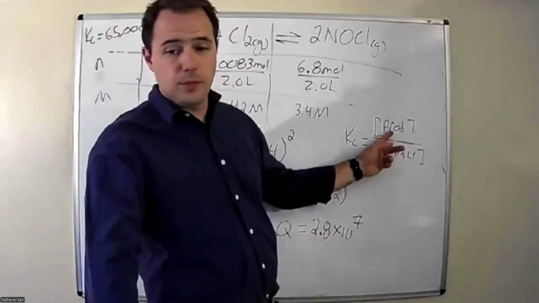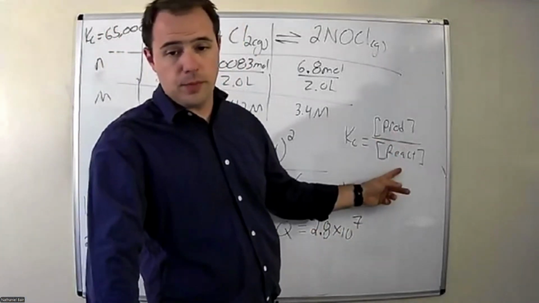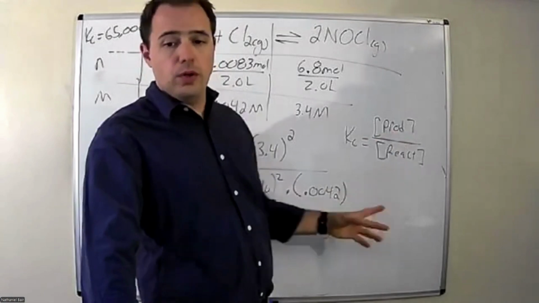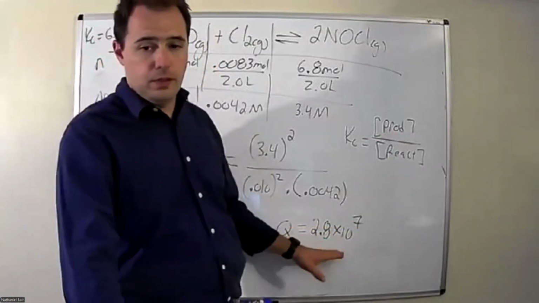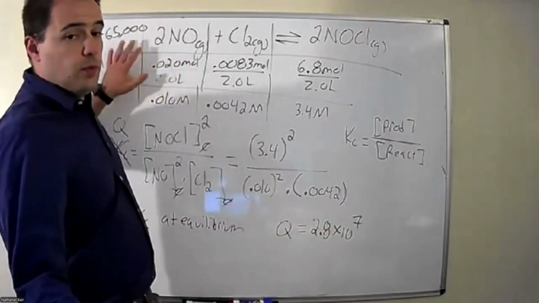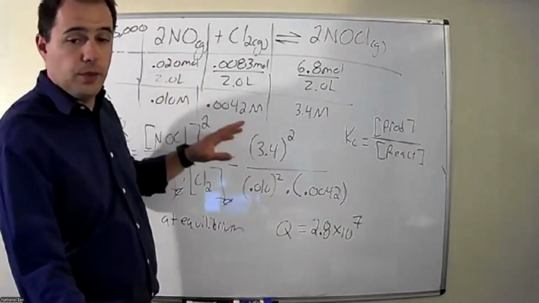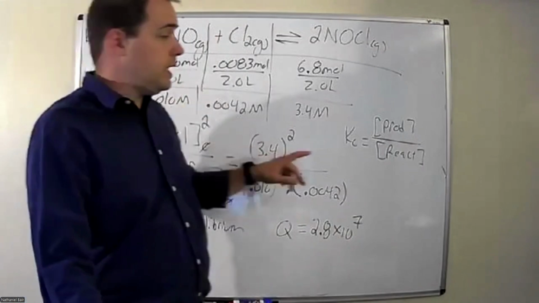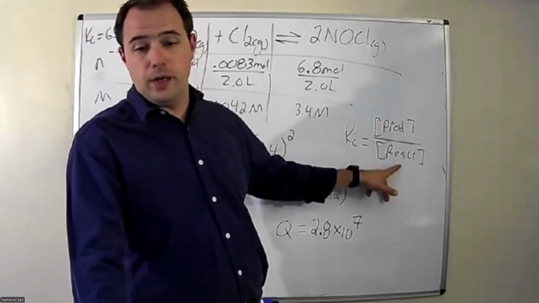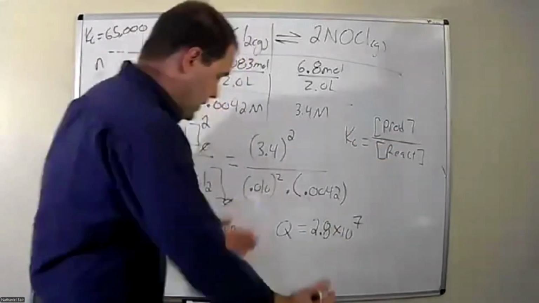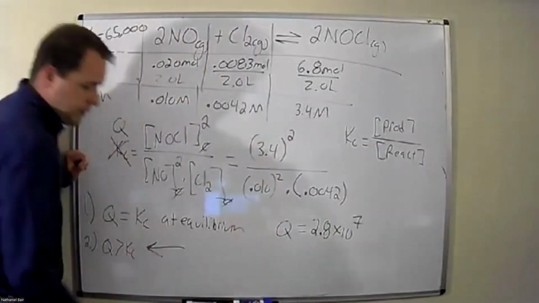Well, my numerator must be too big, and my denominator must not be big enough. So in order for this reaction to go from 28 million and reach equilibrium, where when the numbers get plugged in, they give you 65,000, I need less numerator, more denominator. Well, I need less product, more reactant. That's going to be a leftward shift.